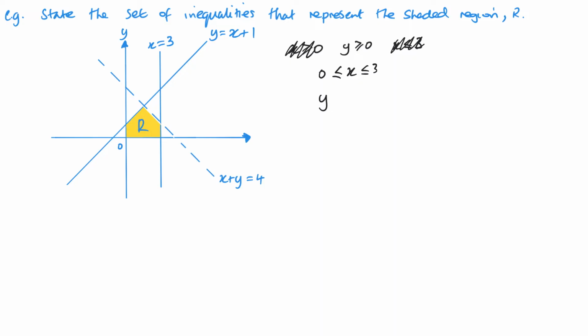We've got y equals x plus 1, and we want below that line, which will be here. Again, check below that line by picking a straightforward coordinate. For example, 0, 0, we'd have 0 and 1. So we should be expecting a less than or equal to here. If this is 0 and this is 1, then this inequality works.